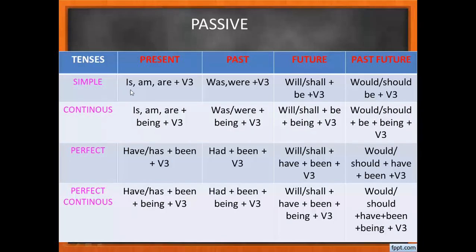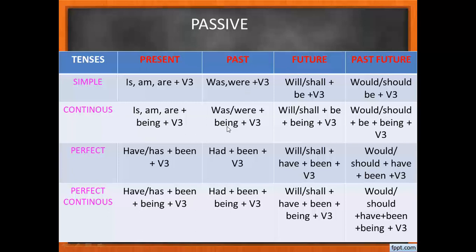The to be in present is is, am, are plus verb 3, and the same with past tense. If your sentence is in the past tense, the to be is was and were plus verb 3. And then for the continuous, you must put being after to be and before verb 3.